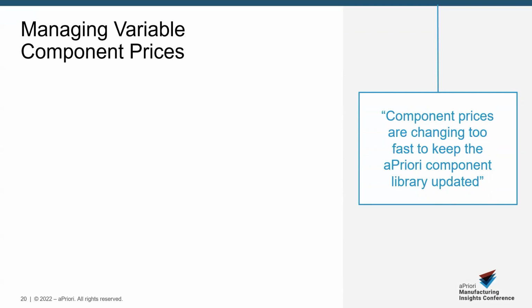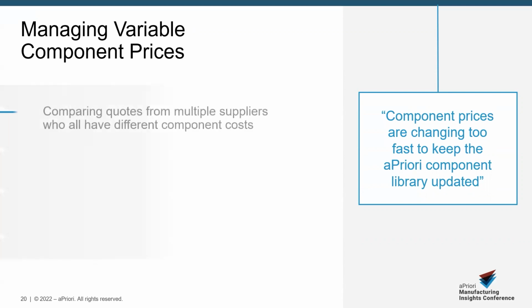So what are some situations where the component cost could be changing? So for example, if you're comparing quotes from multiple suppliers, and all of those suppliers have different component costs, then it can be really useful to do this isolation and say, well, what is each supplier quoting for make cost? And how does that compare to my aPriori estimate for that region?